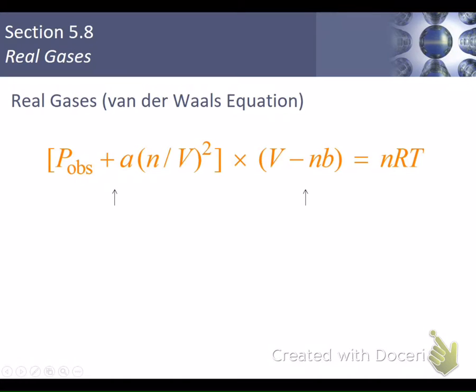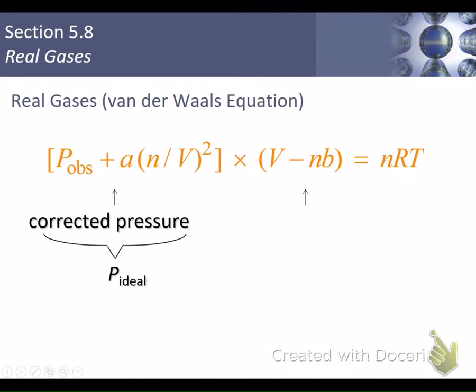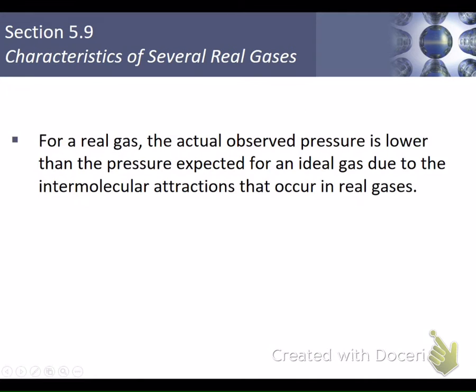So they're still sort of multiplied by each other, but we have some extra factors in here. We have a term here, a times n over V squared, that allows us to correct for pressure. And then over here, we have a term nb that allows us to correct for volume. So again, that's an IMF correction and a volume correction if we have huge molecules of a gas.